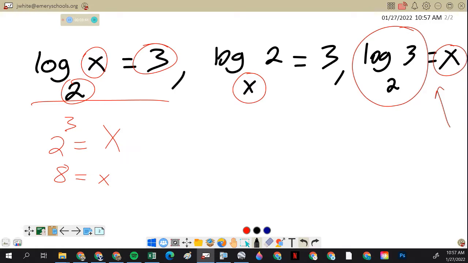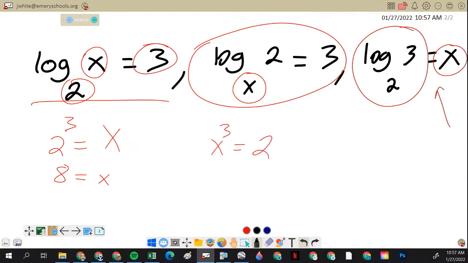Easy enough, right? Okay. This one, we do the same thing. x to the 3rd equals 2. And now I third root it. So x is the 3rd root of 2. Okay? So when you're solving logarithms, if there's an x inside the logarithm somewhere, just convert it to exponent and then solve using your regular rules of algebra.